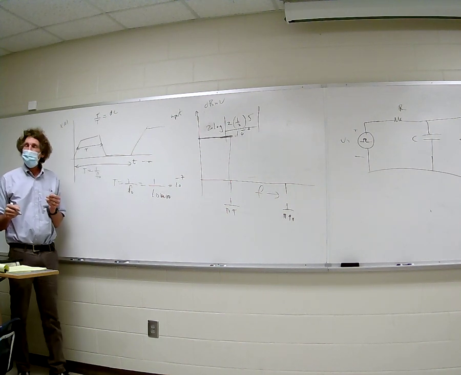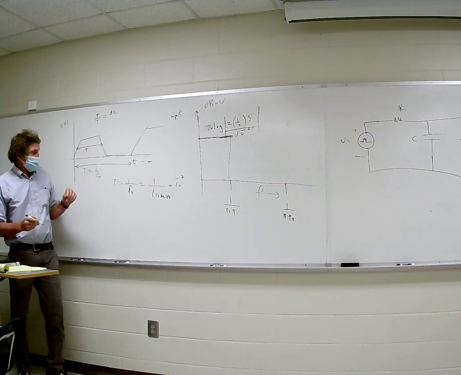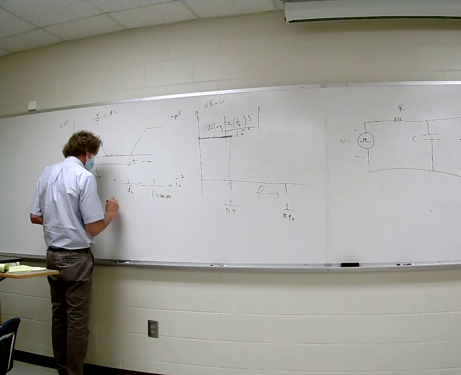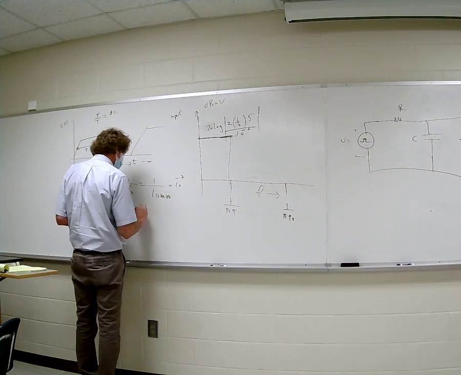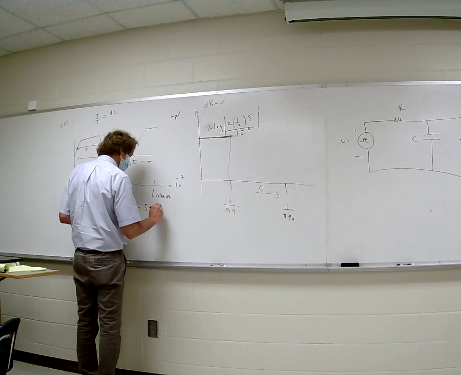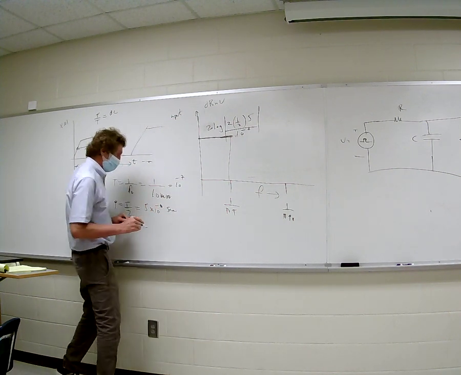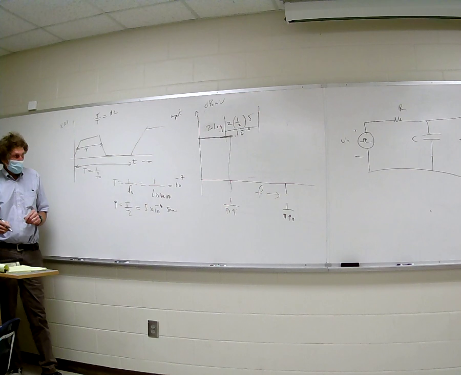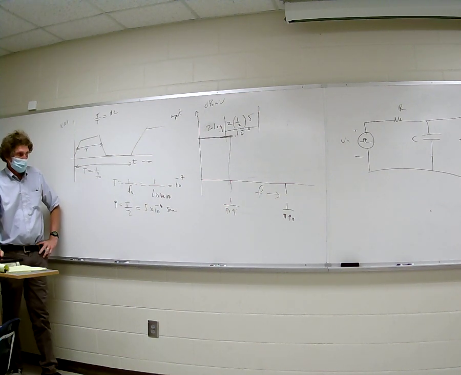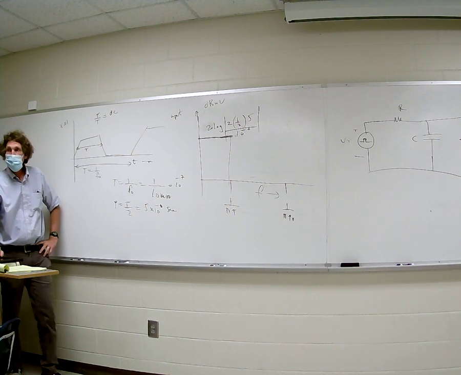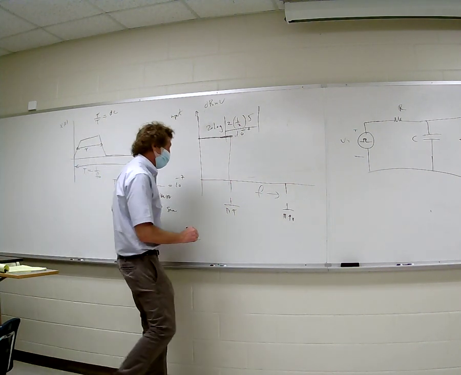Since it's a 50% duty cycle, tau would be T over 2, or 5 times 10 to the minus 8, right? You all agree with that? All right, now multiply that by pi, and then take 1 over. 6.37 megahertz. This is 6.37 megahertz?